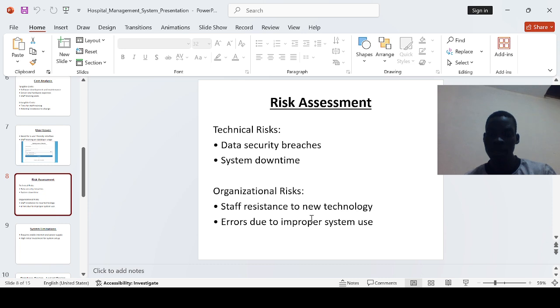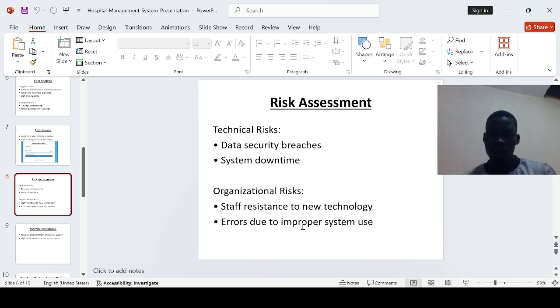Other staff are primitive and could not easily adopt new changes to this technology, and therefore this would influence the use of this system in various hospitals, like in rural areas.